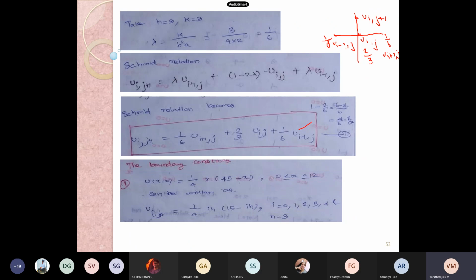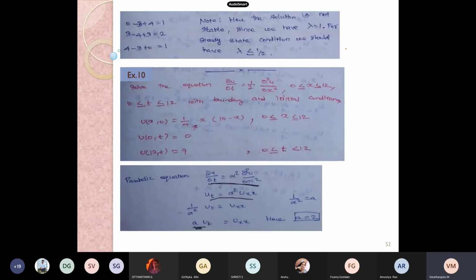Once we are settled with the Schmidt relation, what do we need to do? We need to worry about the various boundary conditions: the leftmost boundary, the rightmost boundary, and the bottommost boundary. In the given problem, there won't be any issue with different boundary conditions. Even if t varies, there won't be any change in the boundaries.